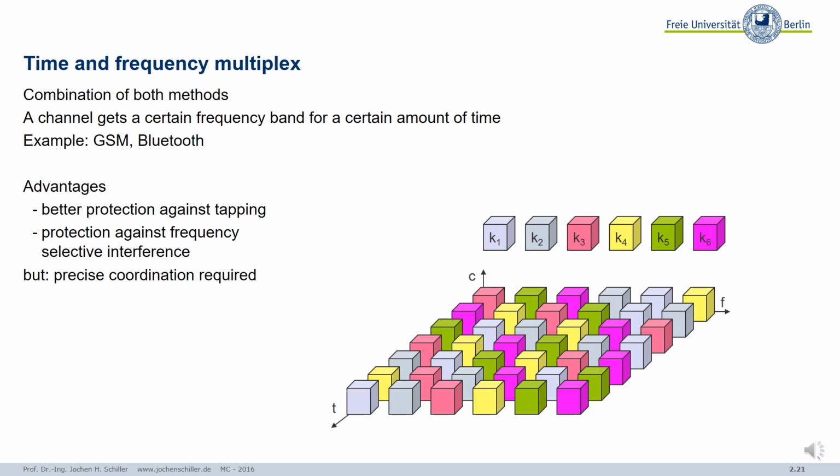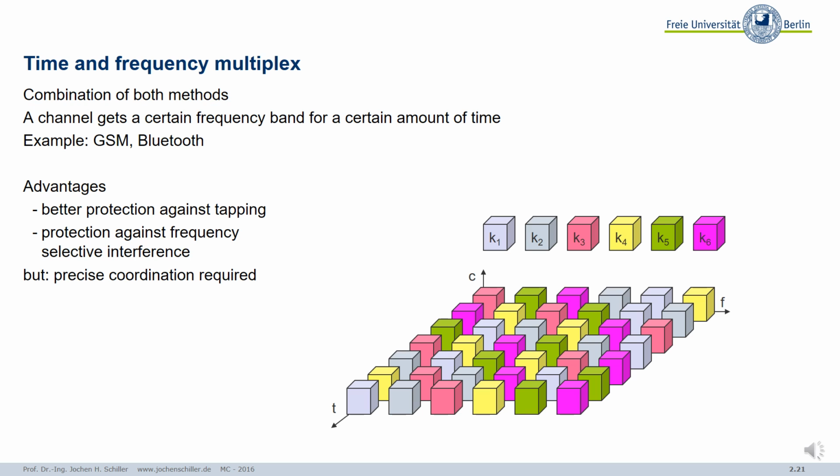Yes, time and frequency division multiplexing, that's exactly what we use, for example, for a Bluetooth system. We will learn that Bluetooth jumps through different channels all the time. At a certain point in time, it uses a certain channel, and then 625 microseconds later, it uses a different channel and jumps and jumps all the time.